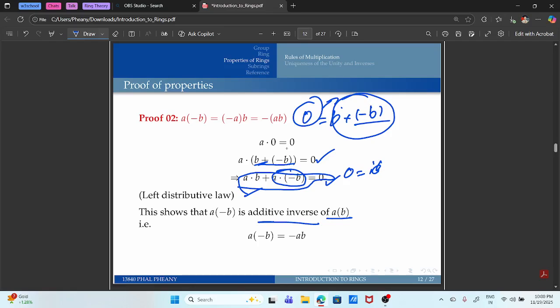So by the definition of additive inverse, we can say a times minus b is the inverse of a times b. So we can write a times minus b equal to minus ab. So we are done with the first part. Now we move to the second part.